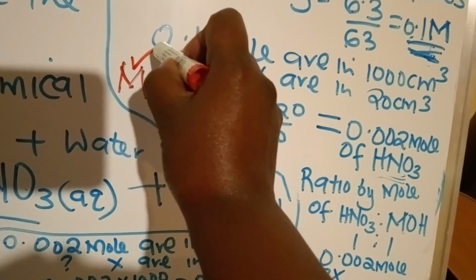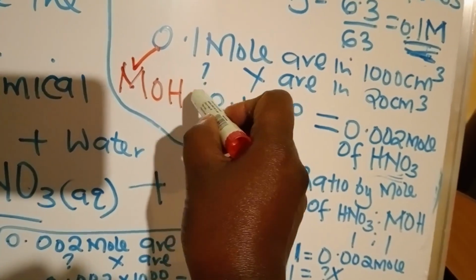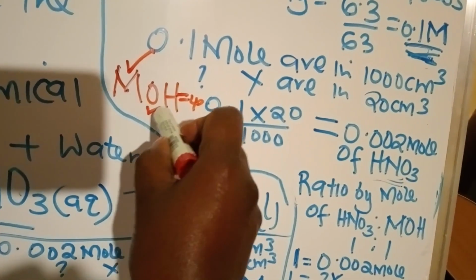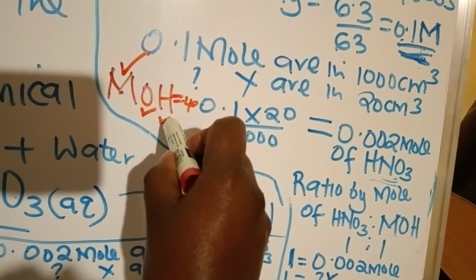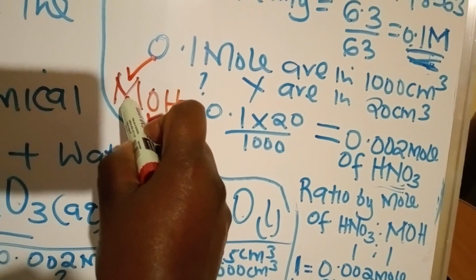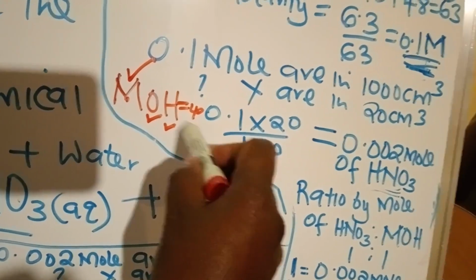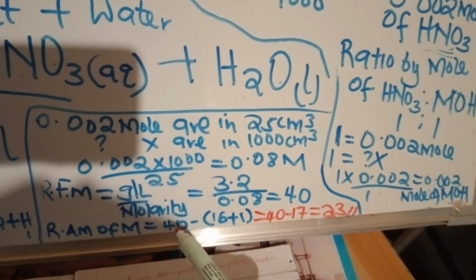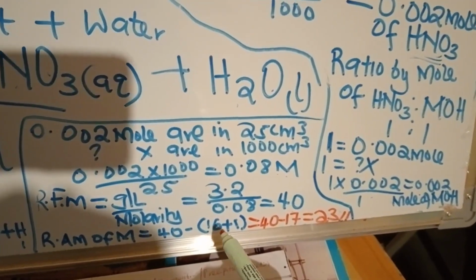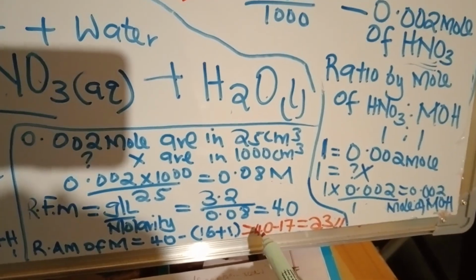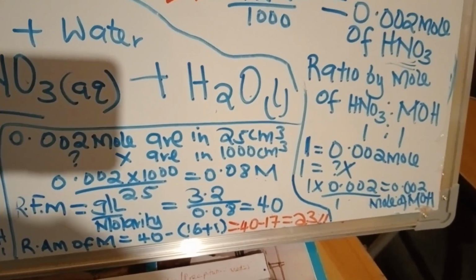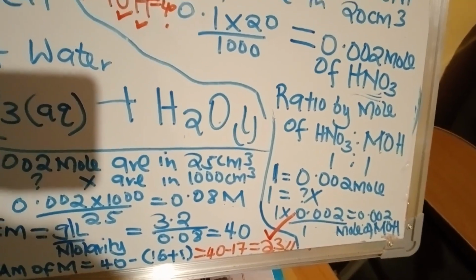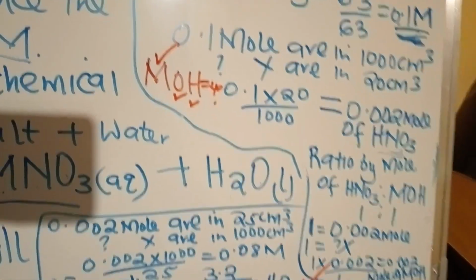So the RAM of oxygen plus the RAM of hydrogen plus the RAM of M equals 40. So RAM of M is 40 minus that of oxygen plus that of hydrogen. So it is 40 minus 17, which is 23. And actually, that was the correct answer. So that is all.